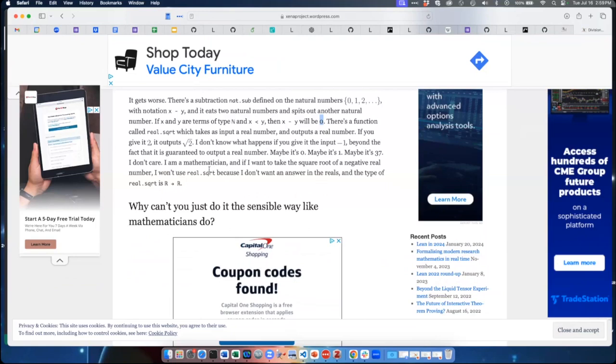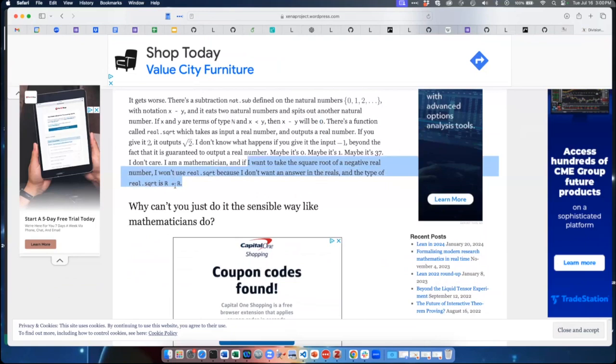And you define that to be 0. If I want to take the square root of a negative real number, I won't use Real.sqrt, okay? Because I don't want an answer in the reals, and the type of Real.sqrt outputs a real number. That's what this means.